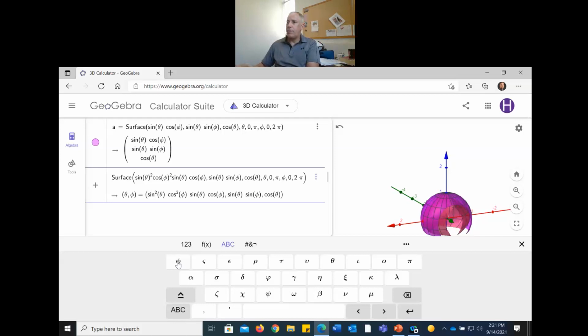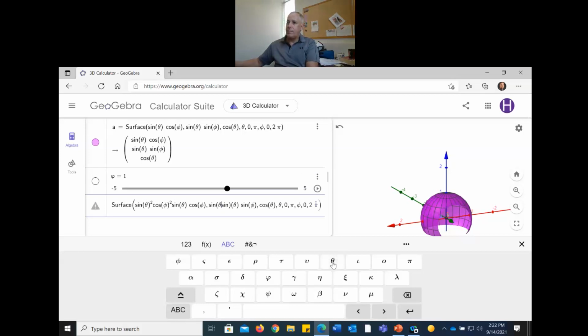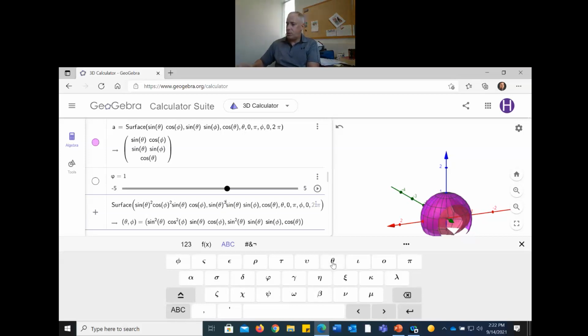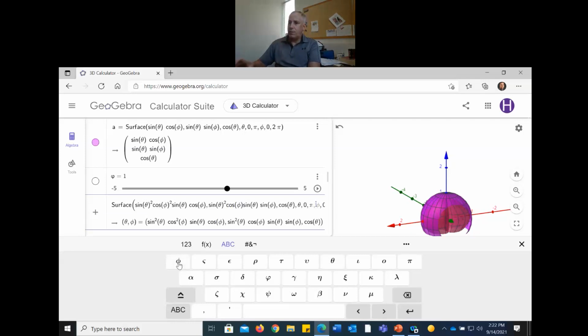Okay, and then multiply by my x. Then I'm going to do the same thing with the y. So in the y, I'm going to put again sine of theta, and then square that. Use the arrows to go down, cosine phi, and that will be squared.